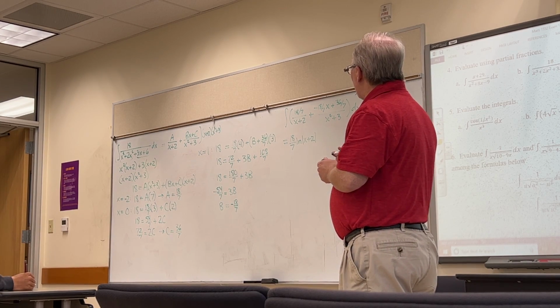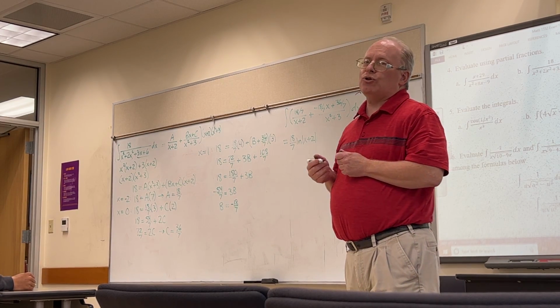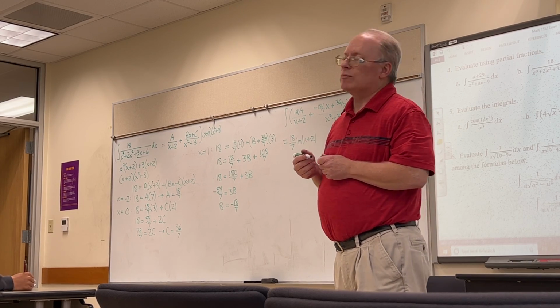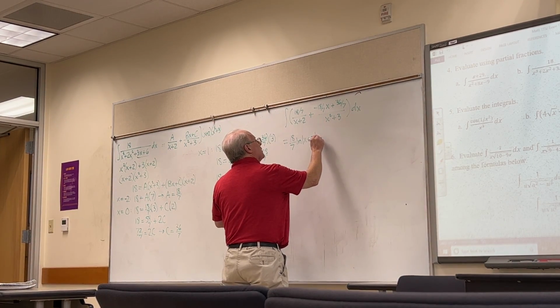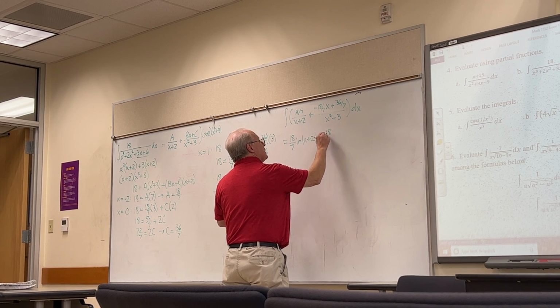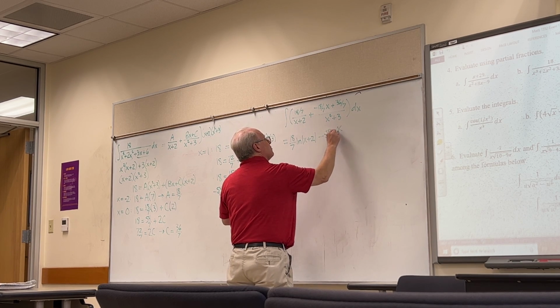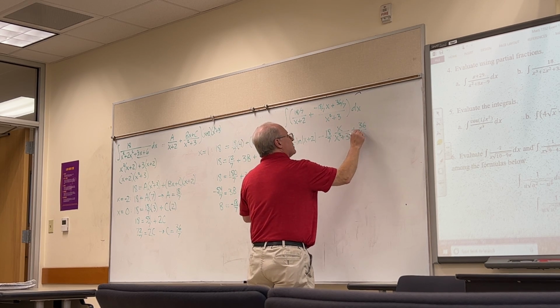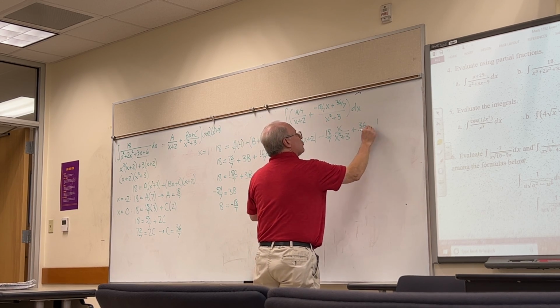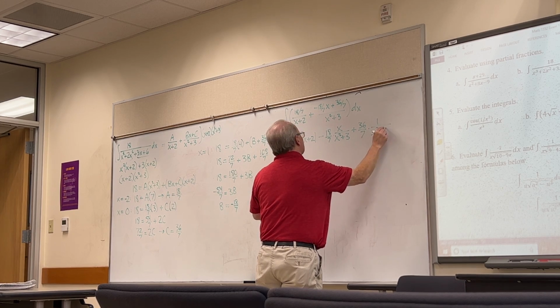Remember, what we can do in that case is separate it into two separate terms. So we can separate this as minus 18/7 times x over x squared plus 3, and then plus 36/7 times 1 over x squared plus 3.